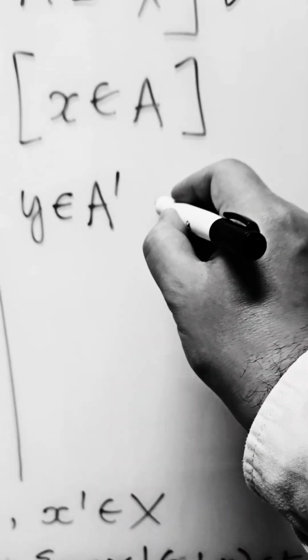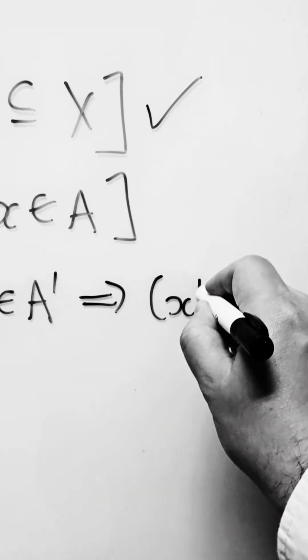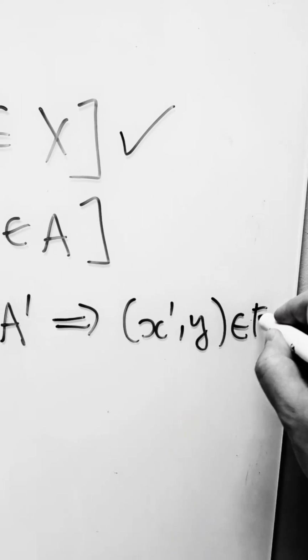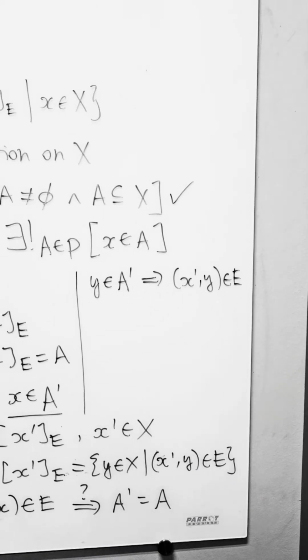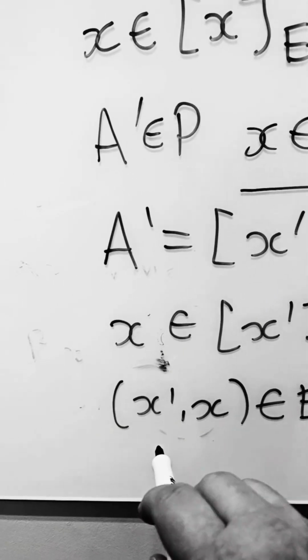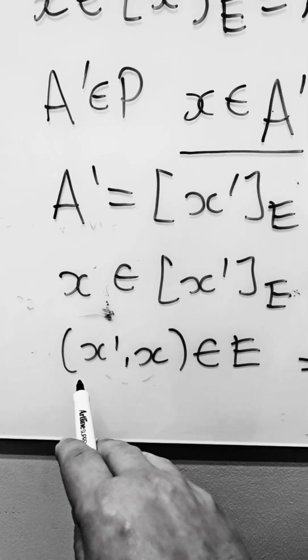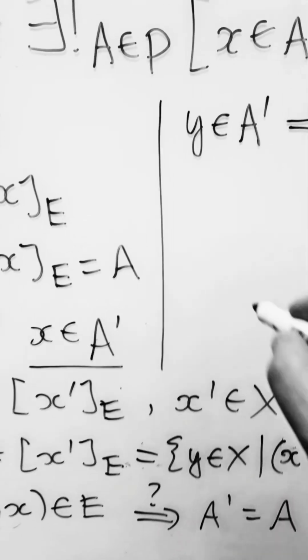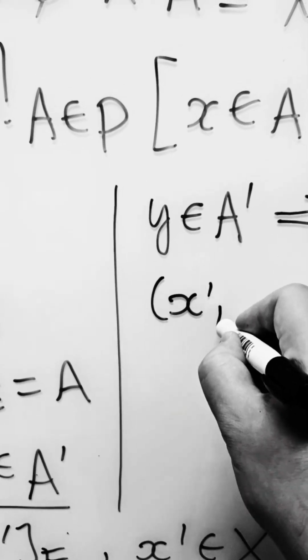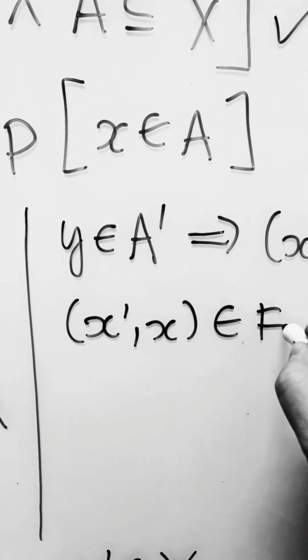So we can conclude that X prime y is in E. What we also know, as we've already shown, is that X prime X is in E as well.